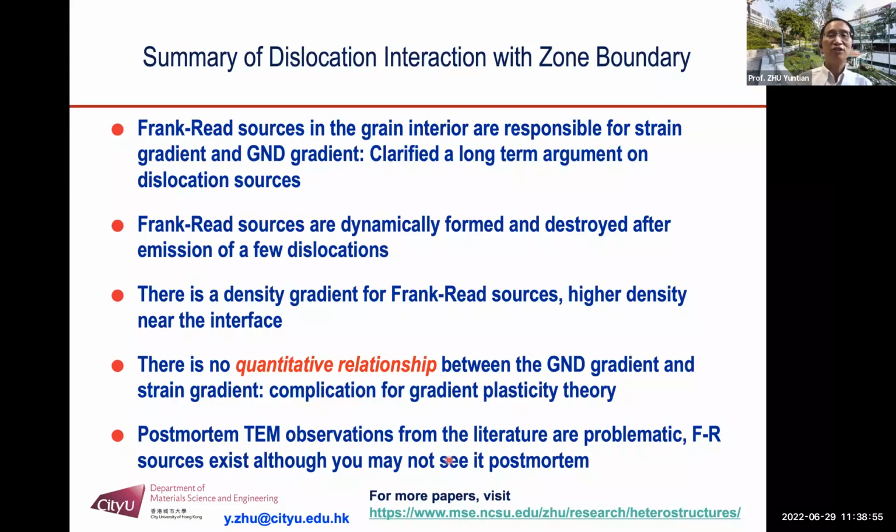Because the GNDs are absorbed by the grain boundary, it also tells you that you cannot quantitatively relate the GND gradient with the strain gradient. Okay, this will complicate the gradient plasticity theory, because in the theory, in the modeling, they always assume a one-to-one correlation.